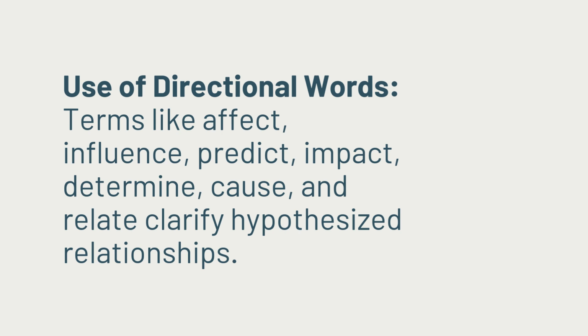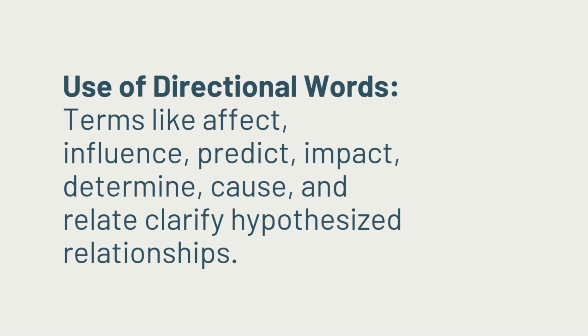Okay, so for example, instead of a vague statement like exercise and stress are connected, right? When you say that, that's an example of a vague statement. A hypothesis with directional wording would look more like this: increased weekly exercise reduces stress levels in college students.